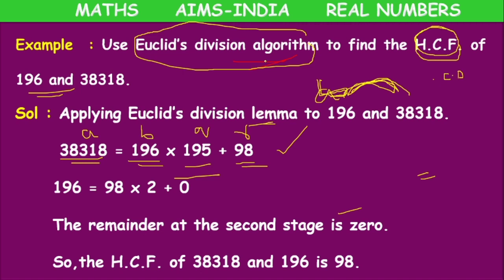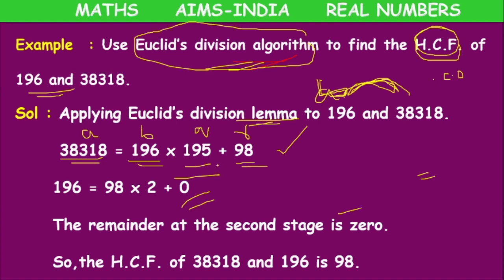But here we have to find it by using Euclid's division algorithm. So this division lemma we continue for one more step, until the remainder is 0. Division algorithm means the division lemma we applied for one step, the same step is to be repeated until the remainder is 0.